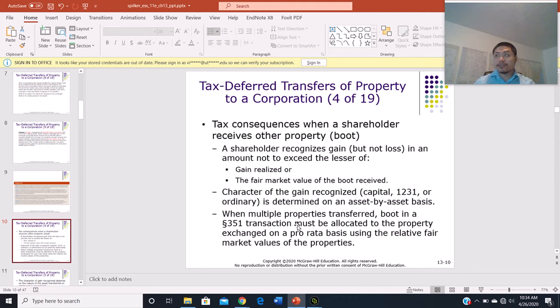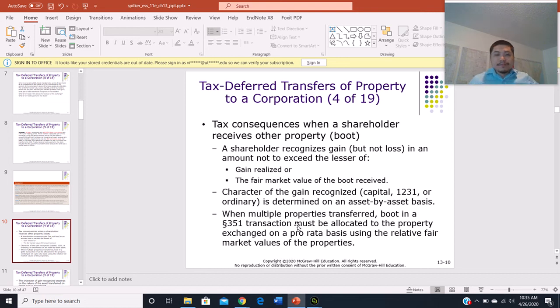You cannot just consider the whole bundle of assets transferred and calculate gain on it. We have to look at each individual asset or property transferred to calculate the gain or losses that the transferor, the shareholder, realizes on the transaction.